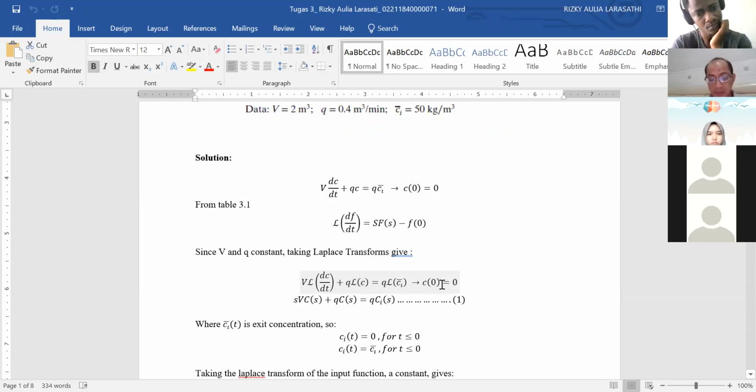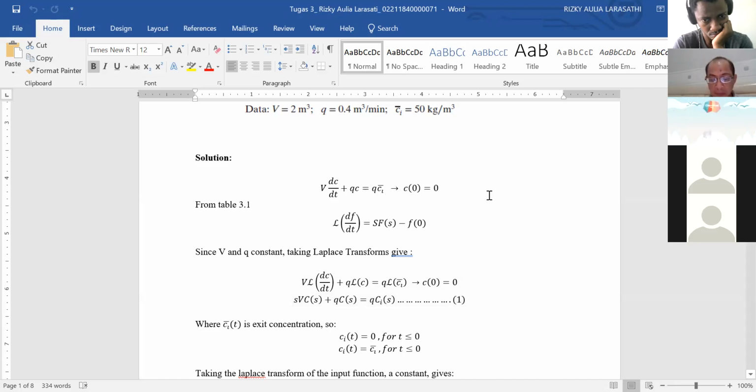So there is an equation that we can conclude: sVC(s) plus QC(s) equals QC_e(s).